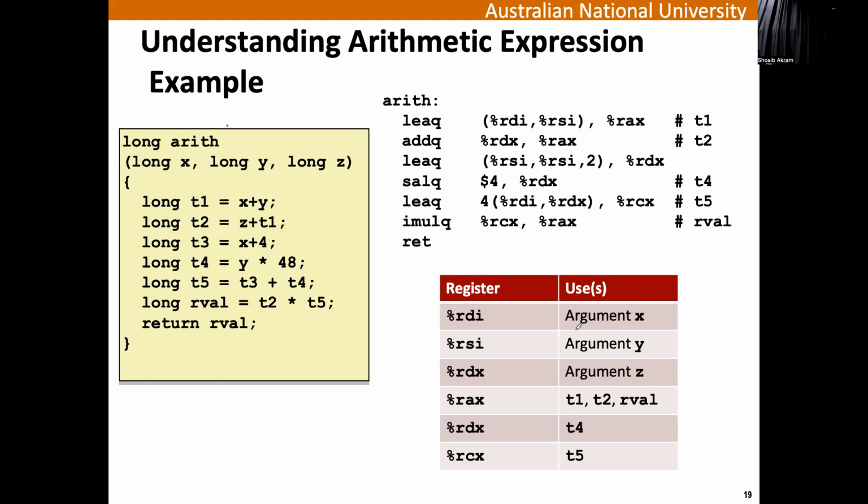So here is X, Y in RDI, RSI, and here I'm just adding them together. So what's happening after that? Oh, by the way, they're using lea here to do the X plus Y. So T2 is RAX plus RDX. RDX is the argument Z.